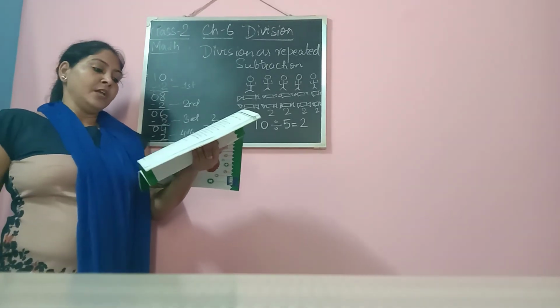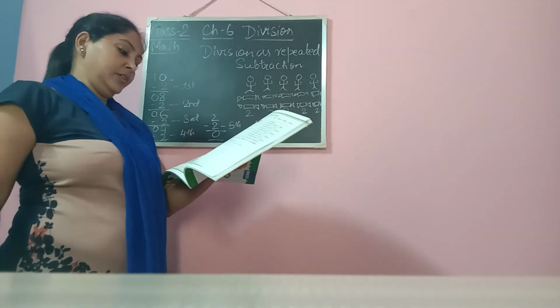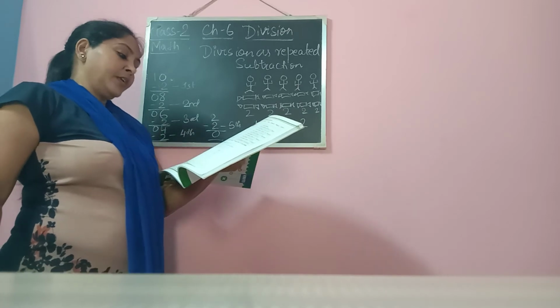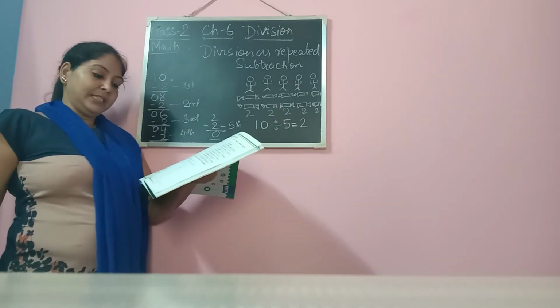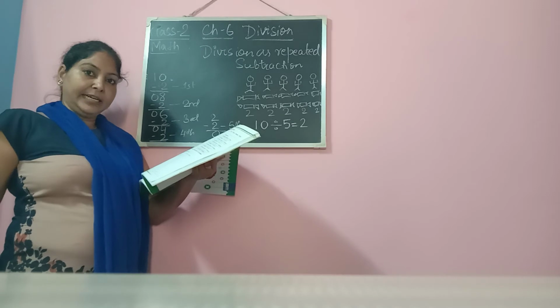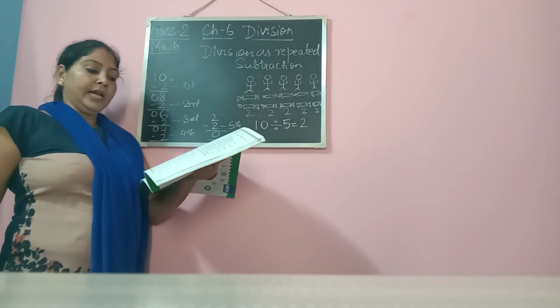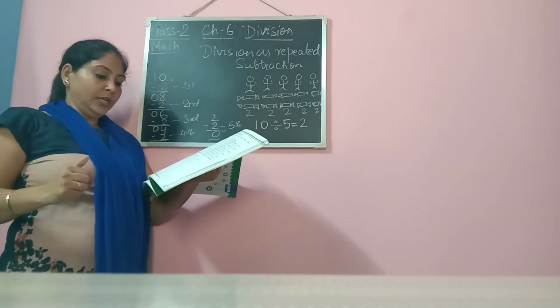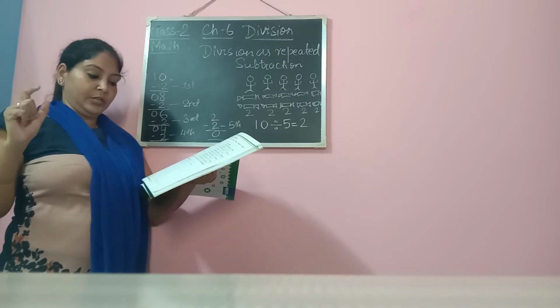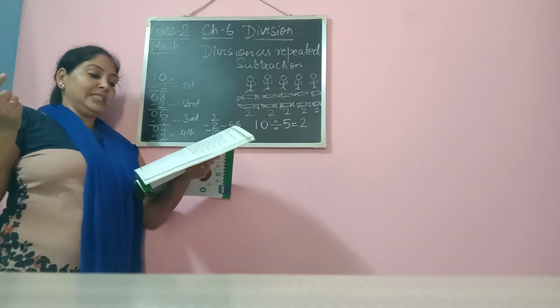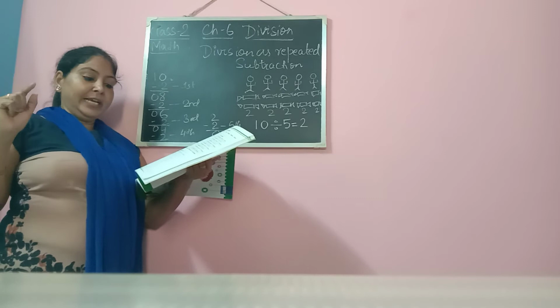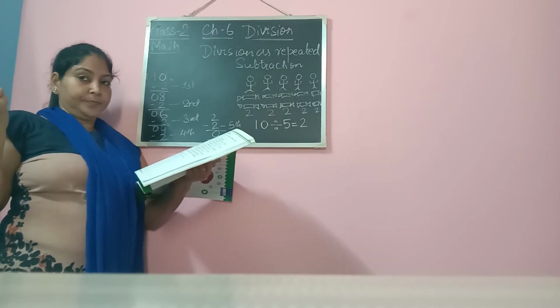It is also given in your book on page number 89. You can see, fill in the blank. The first example is done for you. The second one is undone, which you have to do. Now the subtraction is already shown. You have to write it in the form of division. So the second one is 12 divided among 3 students.